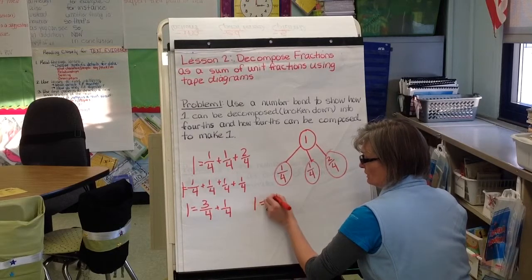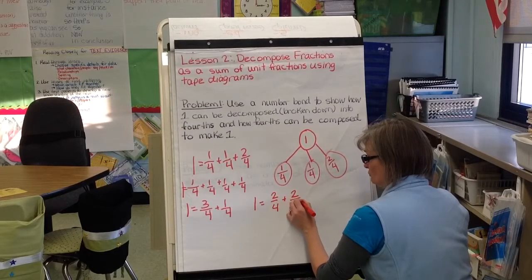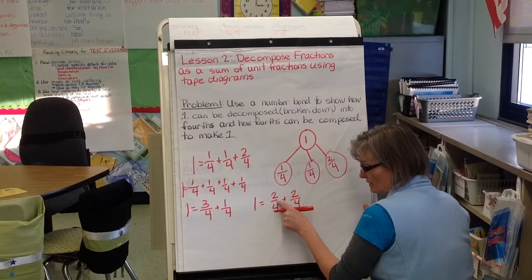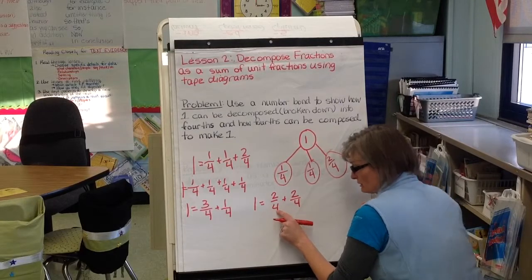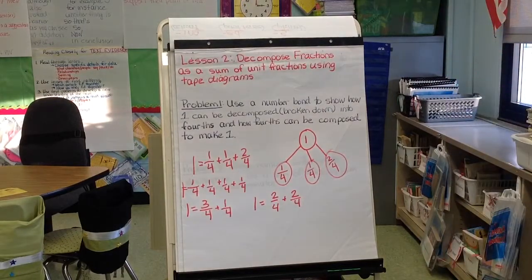Another way is 1 equals 2/4 plus 2/4. Our denominator, which is the bottom number, is our unit fraction, our units. It takes 4 to make 1 whole. There are 4 pieces, so 4 out of 4 is 1 whole. Okay, all of those equal 1.